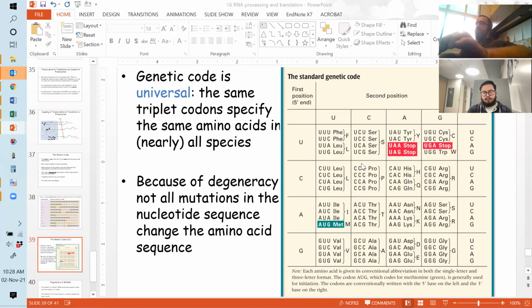Right, so you look here, proline, for example, has 4 different codons, right? And so whether or not in the mRNA it's CCU, CCC, CCA, or CCG, you'll get a proline added to the polypeptide in that position. And so what that means is that as long as you have a CC, you'll get proline, sorry. This is called degeneracy, right? It means that more than 1 codon codes for 1 amino acid.